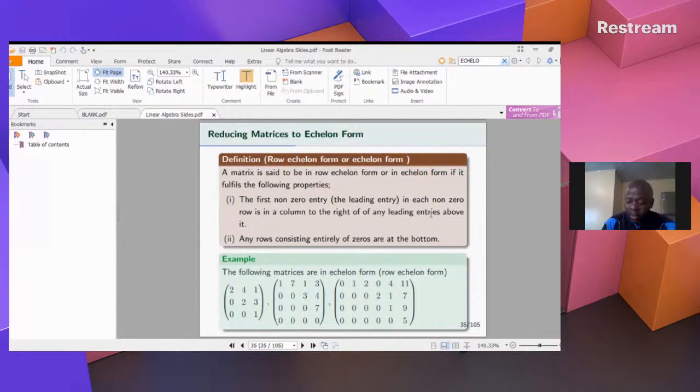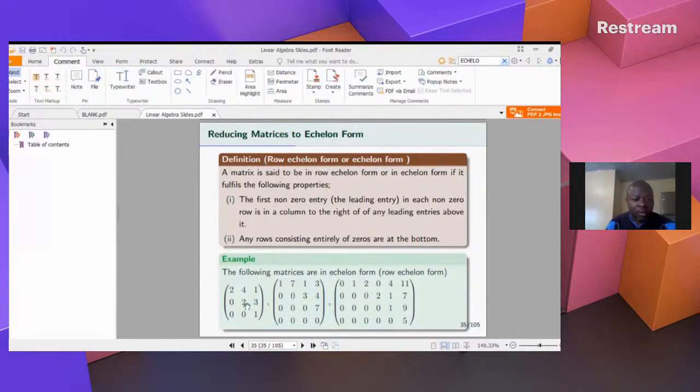So the other leading entries, what I mean is, for instance, if you look at the matrices down here, let me just use that example. If you look at these matrices, you notice that in the first matrix, the leading entry in this column is 2. Now we look at the rows.